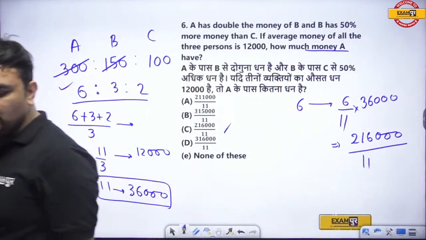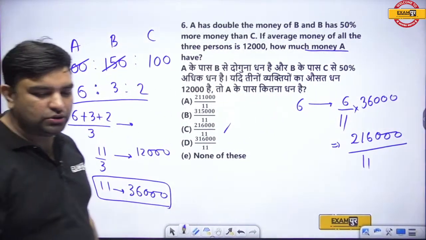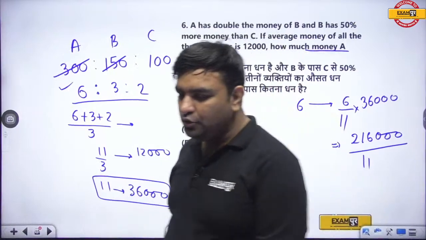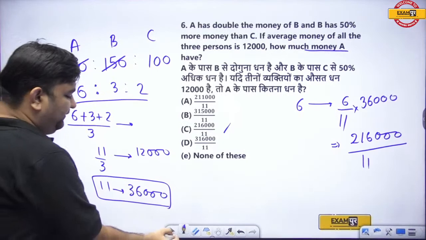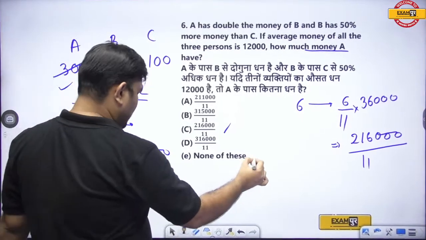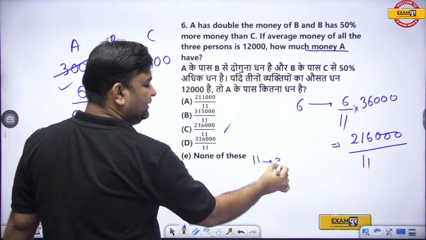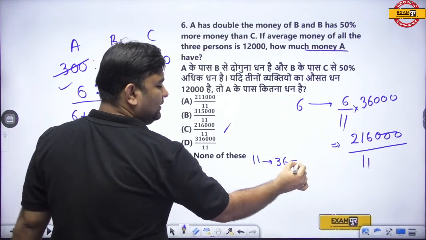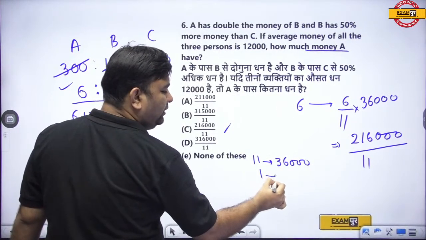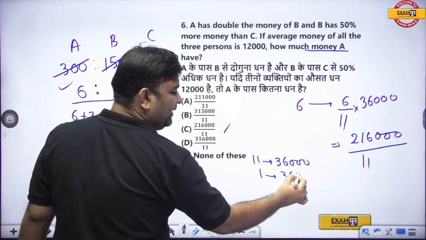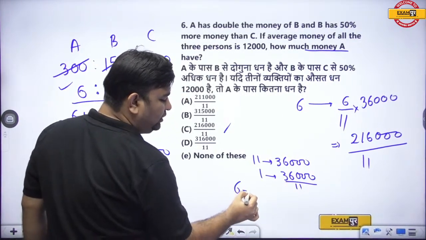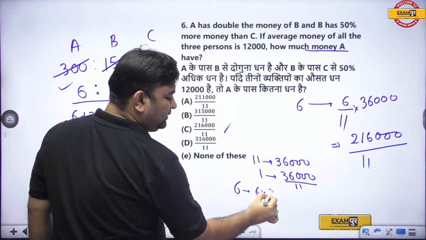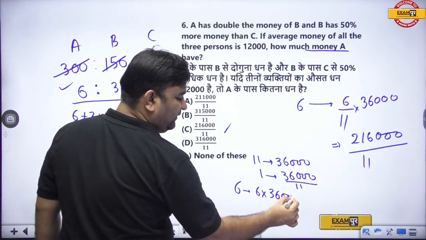Just watch out once more. And if there are any doubts whatsoever, you're free to ask me. Let me give you the very basic of it. When 11 is equal to 36,000, then 1 is equal to 36,000 divided by 11. Then 6 is equal to 6 into 36,000 divided by 11.